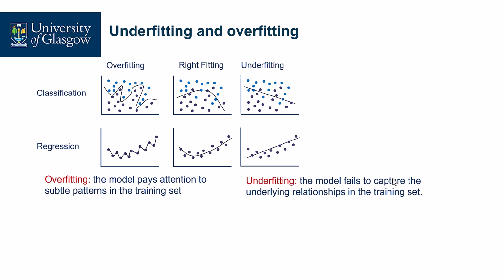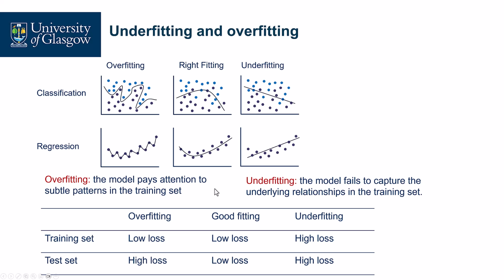To avoid it, we first need to know that it happens. So how do we observe that? We can see the following table. If the fitting is good, the loss from the training set and the test set should both be small. When it's overfitted, we will find a good result in the training set but a bad result in the test set, because such models don't have good generalization ability.